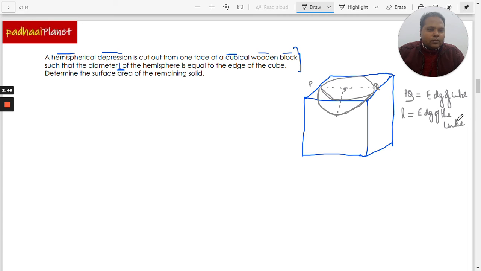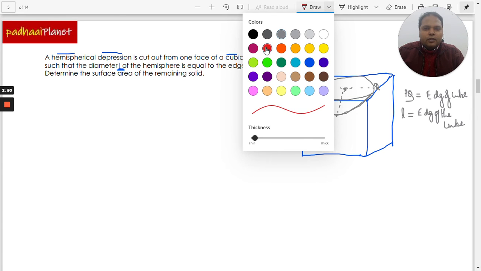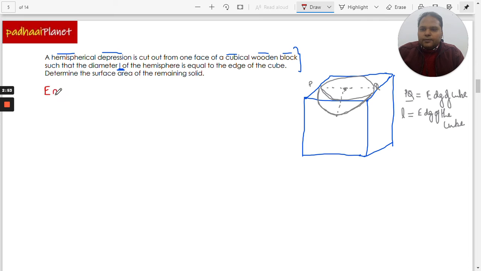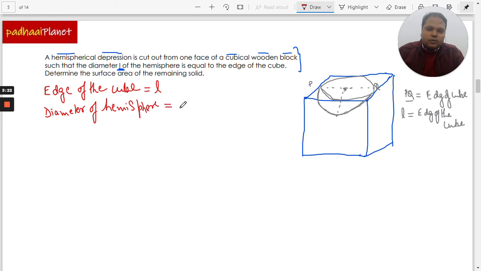Now let's understand some of the critical things in this diagram. The edge of the cube is equal to the diameter of the hemisphere, which is L. So the radius of the hemisphere, suppose that is R, will be equal to L over 2.